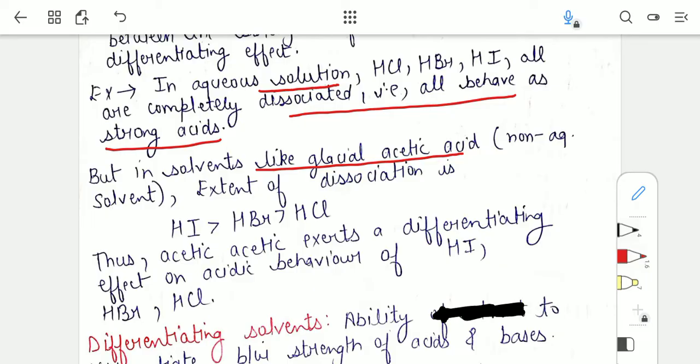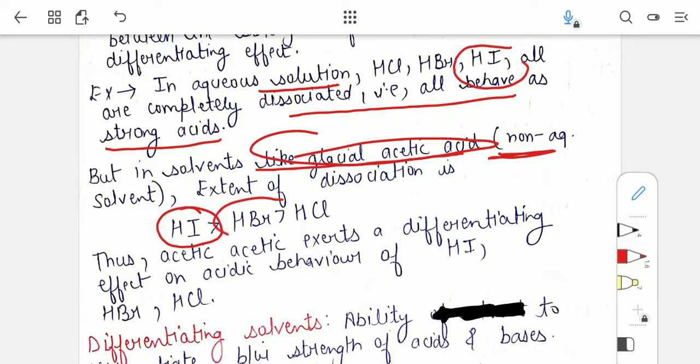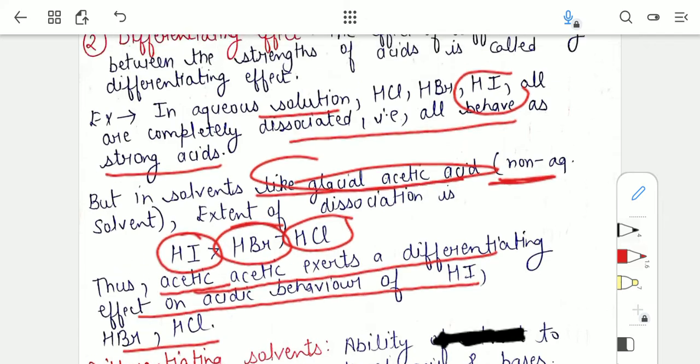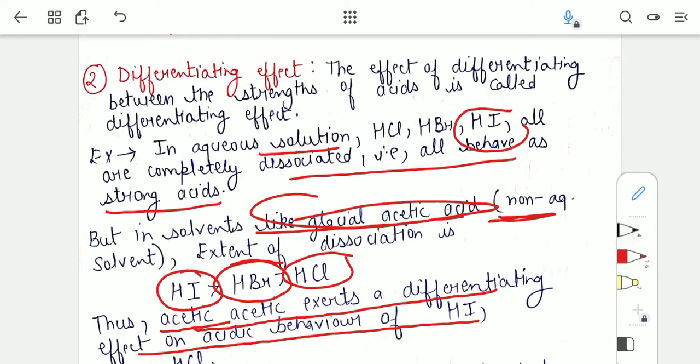In a non-aqueous solvent such as glacial acetic acid, HI is more acidic than HBr, which is more acidic than HCl. So acetic acid exerts a differentiating effect on the acidic behavior of HI, HBr and HCl. Acetic acid is an example of a compound which exerts a differentiating effect.